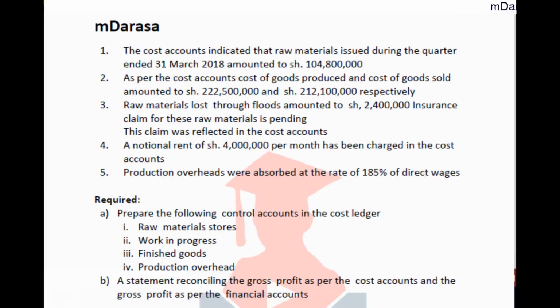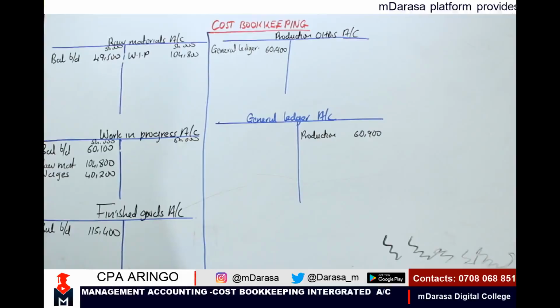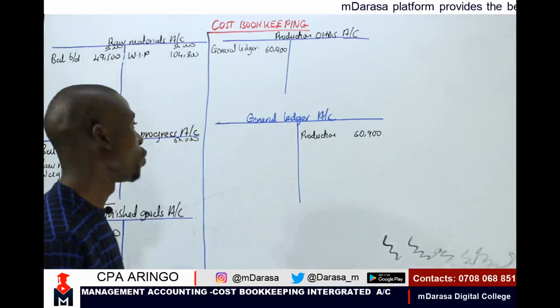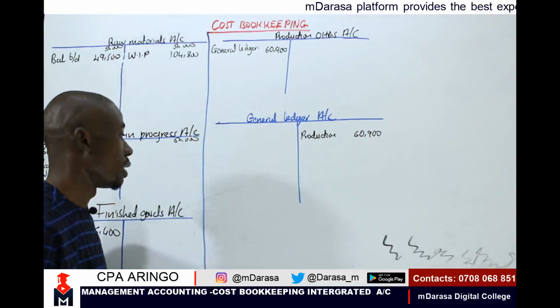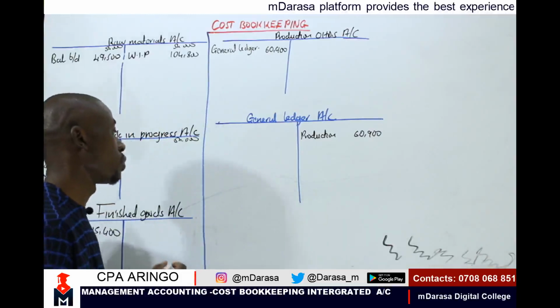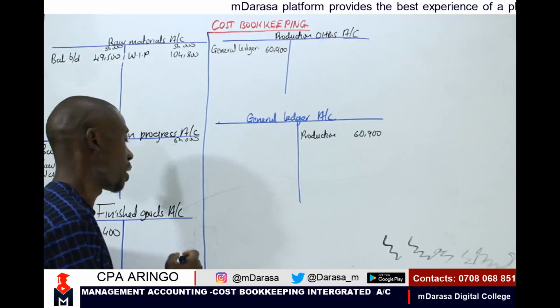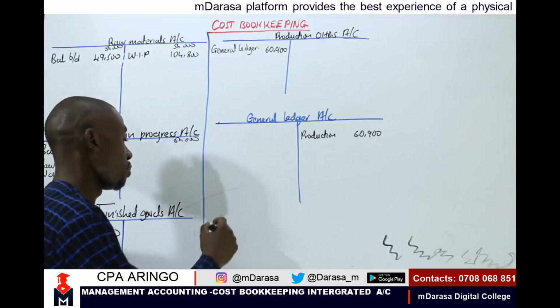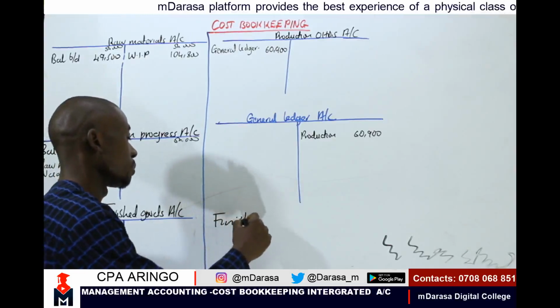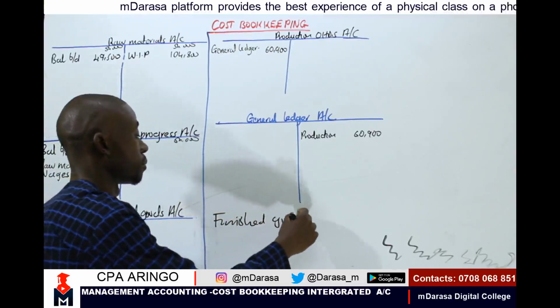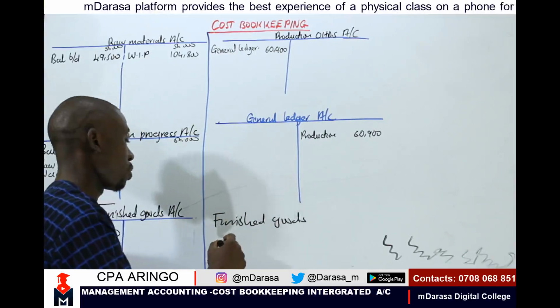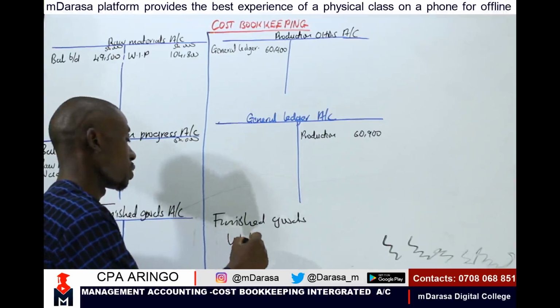So if I'm talking of number 1, cost of goods produced, if you can recall our double entry, to record the cost of goods produced, we noted that at this point I'll be having 2 accounts to be affected, and that will be finished goods account and work in progress account.